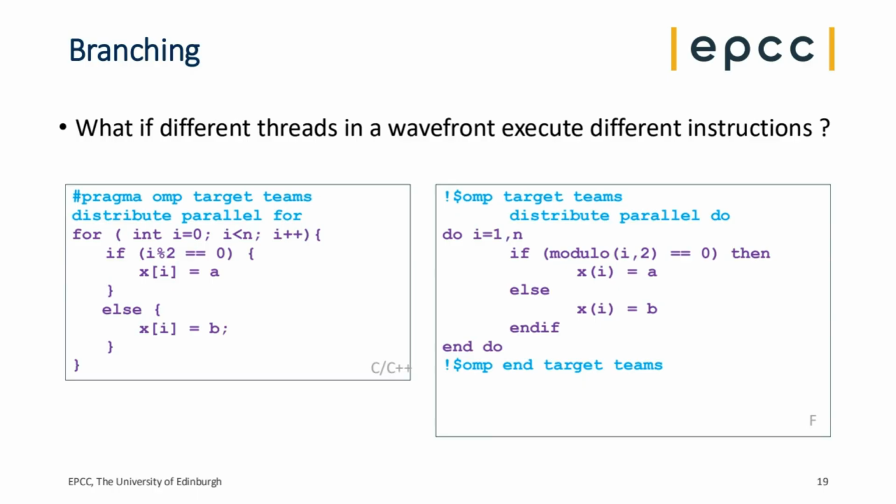And if it's an odd index, you assign B to the array element. And what actually happens now is that there's going to be 2 threads that need to run to do these assignments. One for the even index values and one for the odd index values.